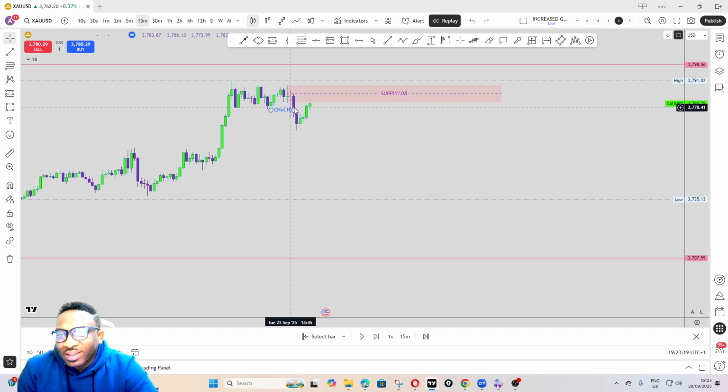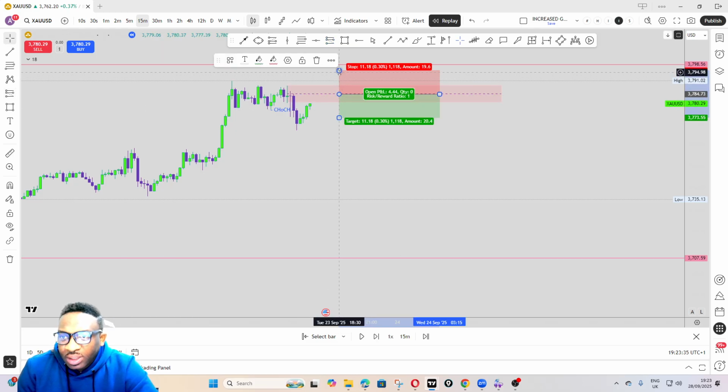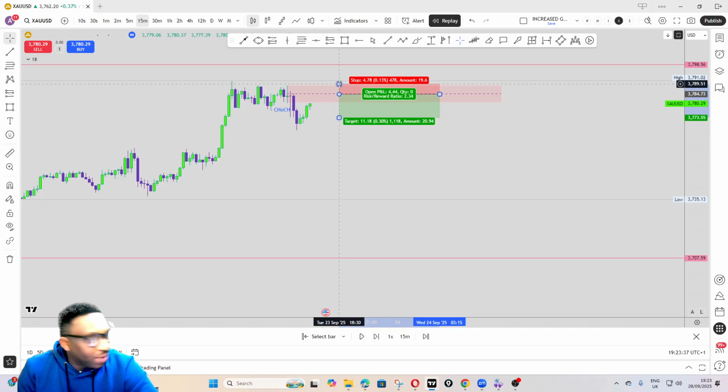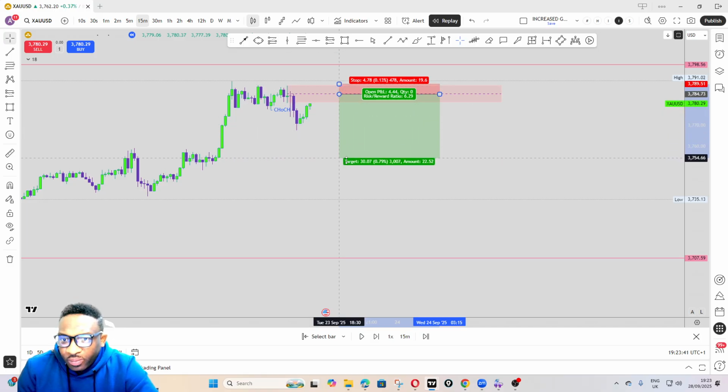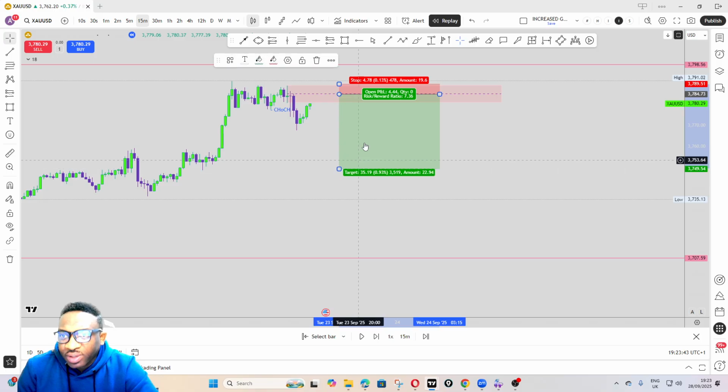We've had this previous low taken out, so we will have a sell opportunity right from here, and our stop loss will go above this zone.